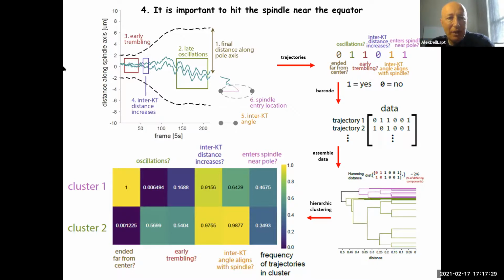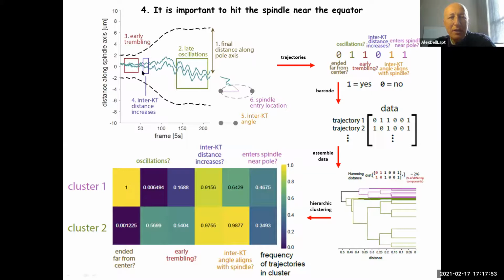So for example, one very interesting characteristic is early trembling. When early on, when the chromosome is not even interacting with the spindle yet, there's certain noise here. So the chromosome starts trembling. We quantify it and say that it's weak trembling or strong trembling.